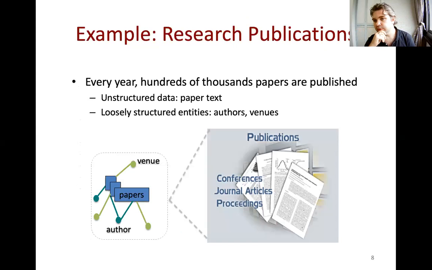Loosely structured data can be, for example, a message with hashtags. There is some structure, you can find this data by the hashtag, but the sentences are often unstructured. So this is loosely structured. Every year, hundreds of thousands of research papers get published, something very formal, not even social media. Inside these papers, unstructured data is the paper text, and loosely structured entities can be authors, venues, keywords, categorization by the conference system.